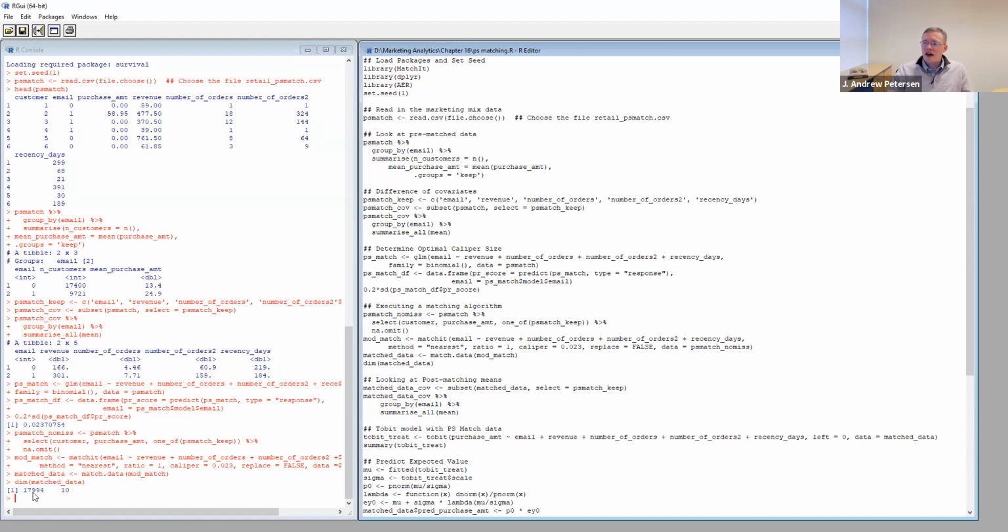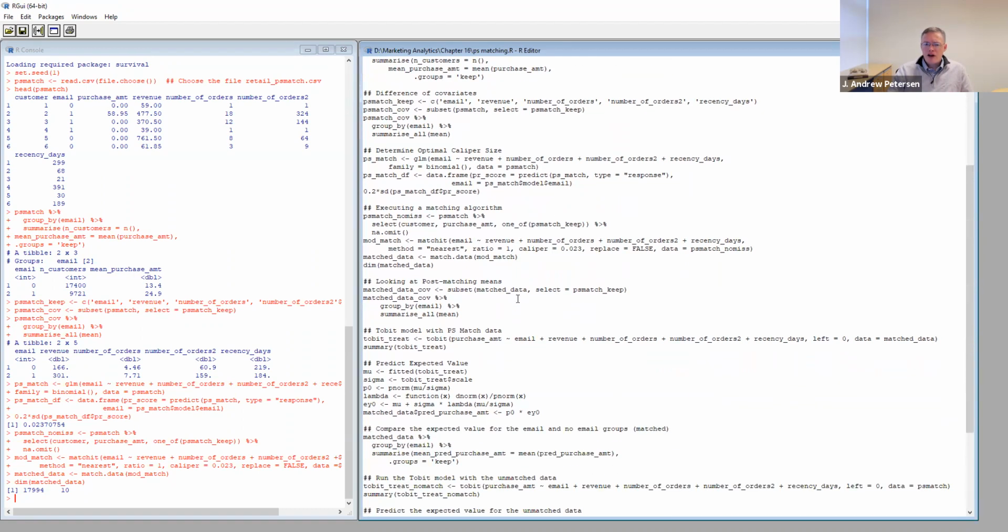We see here that we did lose some of those people because we couldn't find matches for them. But if we divide this number by 2, which is just a little bit less than 9,000, we lost a little over 700 of our email customers who just couldn't find matches in our no email database.